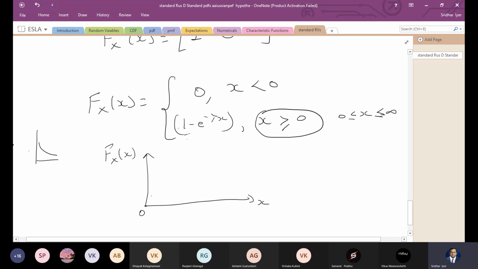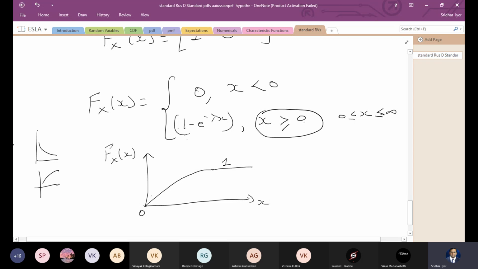That means this is just going to invert itself. So you will get something like that, right? At 0 you'll get a value like this, and this will continue till infinity, and the final value it will attain is 1, right?